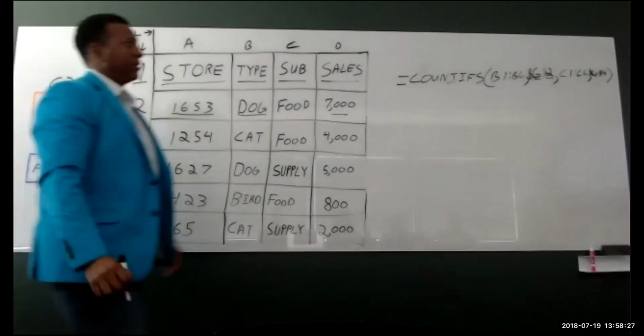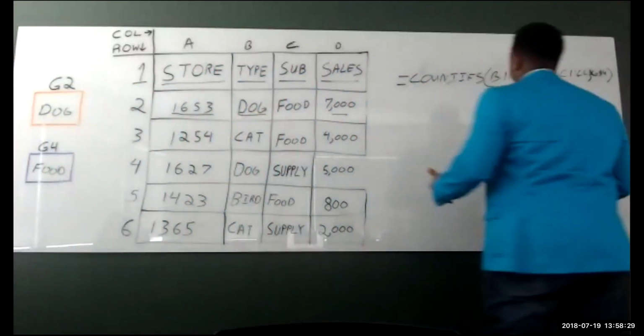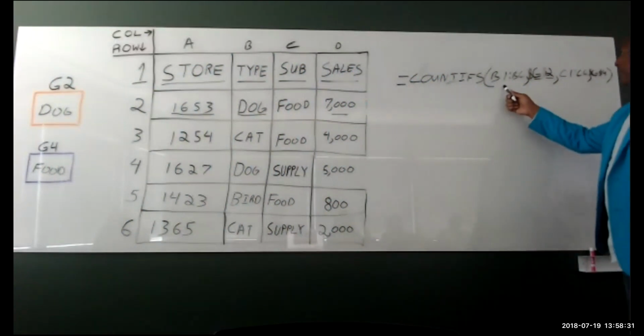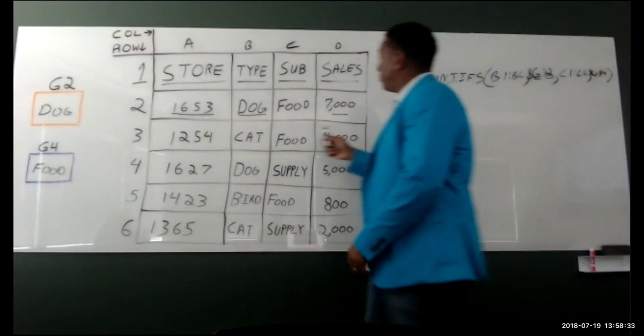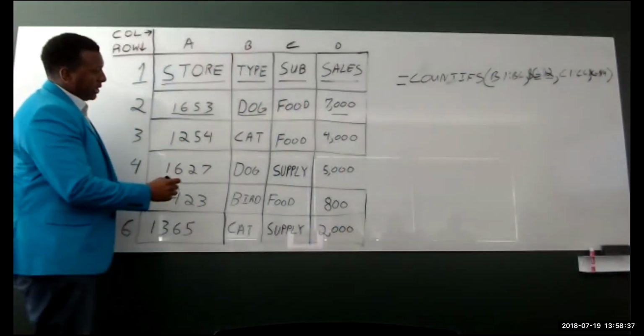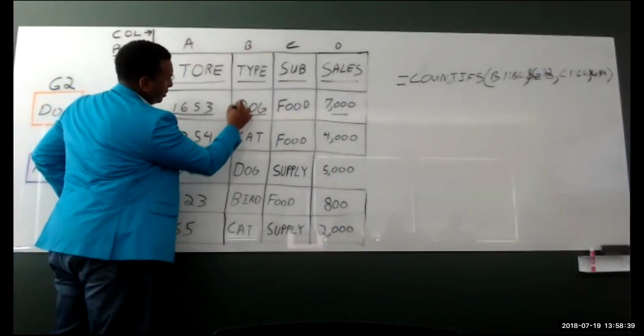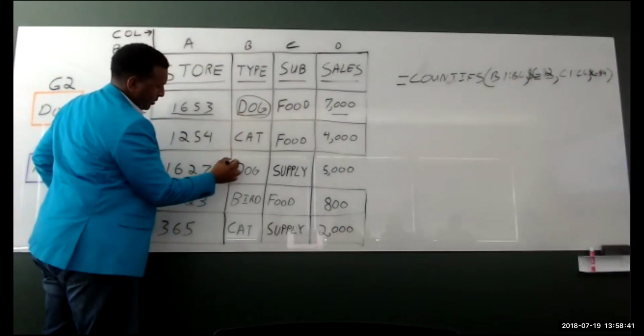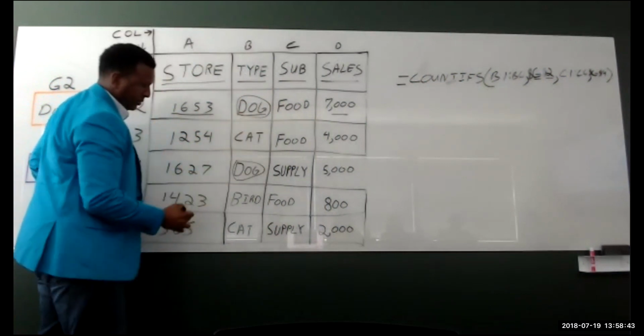Okay, so what is Excel going to do? The answer for this is going to say, okay, I'm going to go to B1 through B6, and I'm going to find the word dog. Okay, found it here, and I found it here.